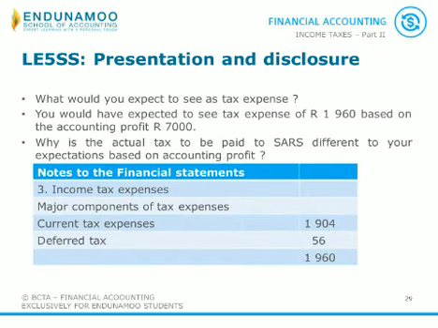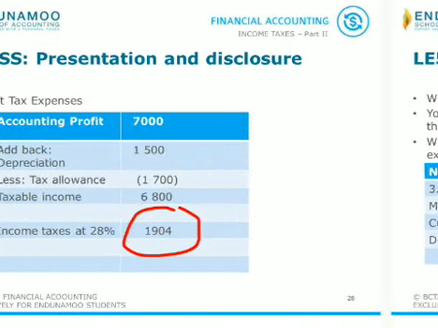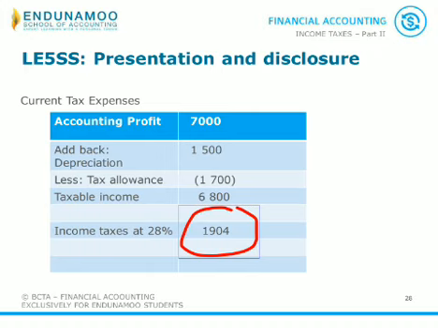And then you say, what would you expect to see as a tax expense? You would have initially expected to see the tax expense at 1,960 based on the accounting profit of 7,000 Rand. So when you do your income statement and your balance sheet, you would have said, okay, I've arrived now at my profit before tax of 7,000 Rand, times 28%, and that's how you would have almost landed at your tax.